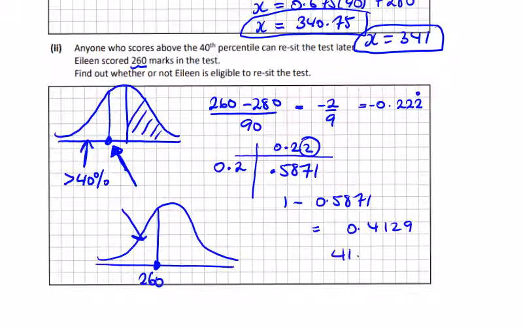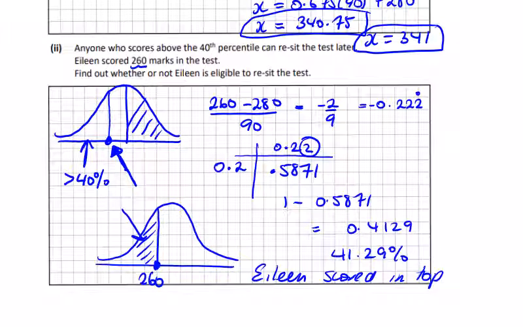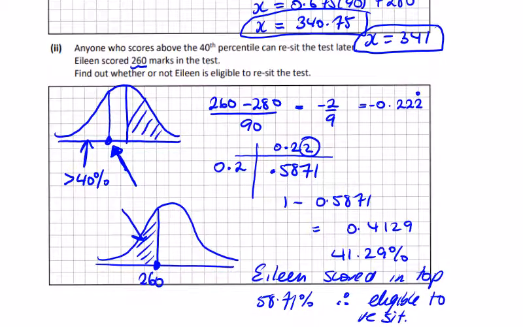So there's 41.29% of people in this sector. So we could say Eileen scored in the top 58.71%, therefore eligible to resit. And that's all that's needed here.